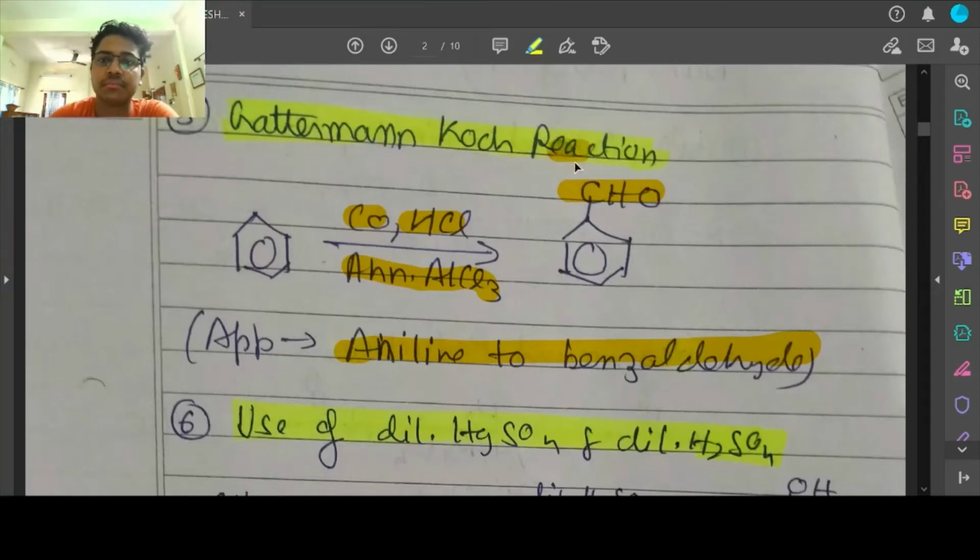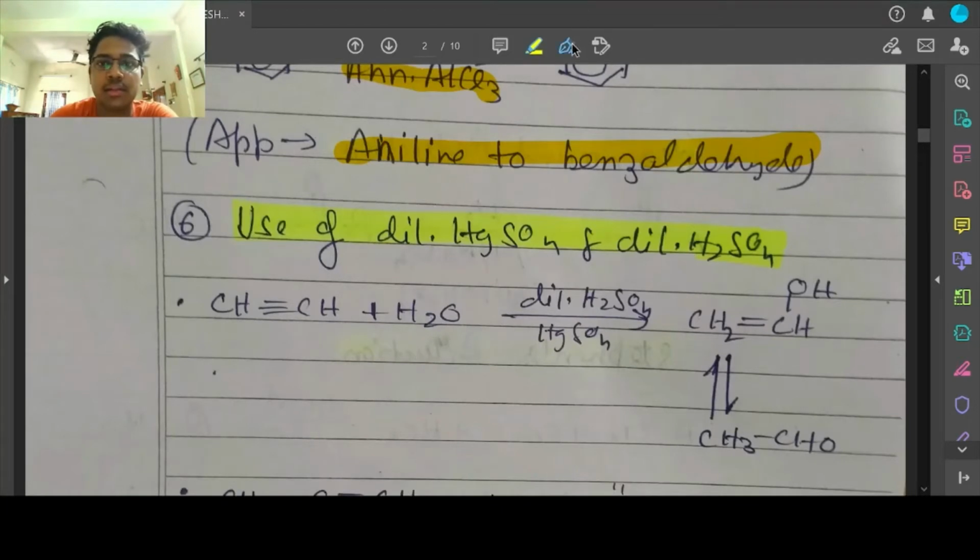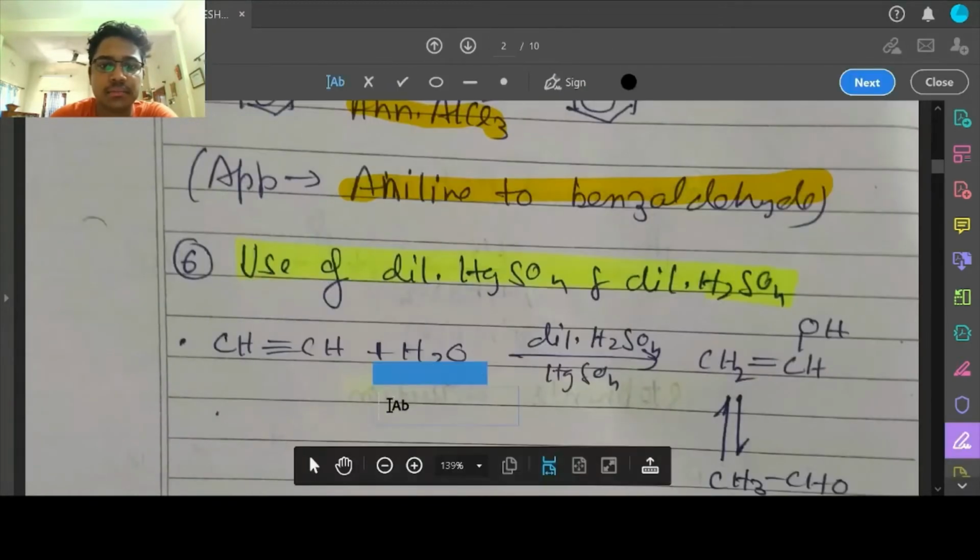Done. Now, the use of dilute HgSO4 and dilute H2SO4. So HC triple bond CH plus H2O, in the presence of dilute H2SO4 and HgSO4, gives CH2 double bond CHOH. See, water is H and OH, H bond OH.